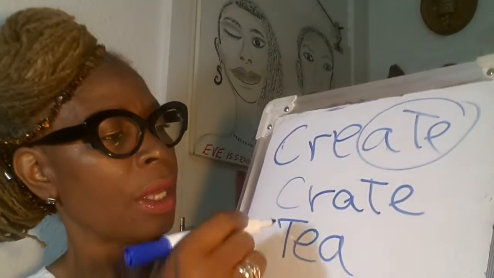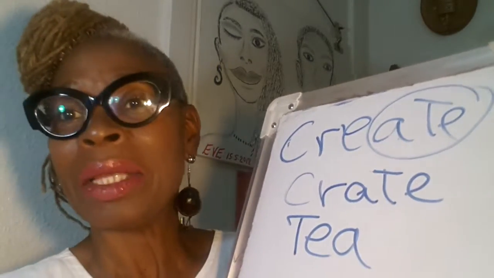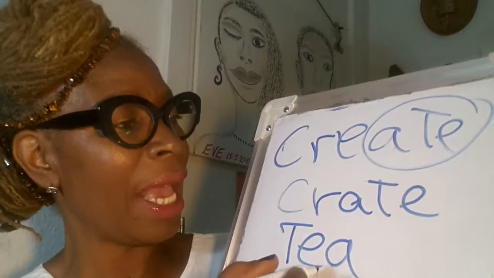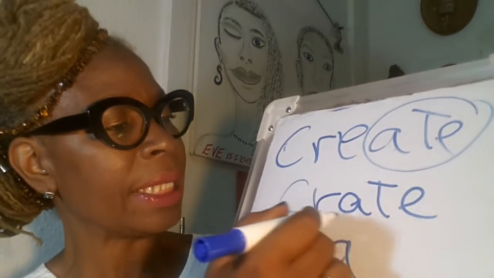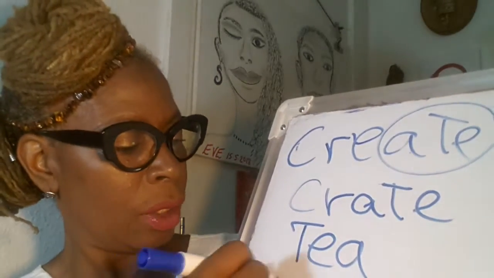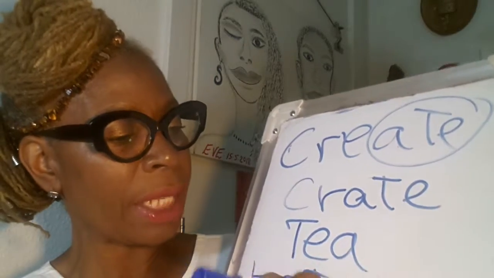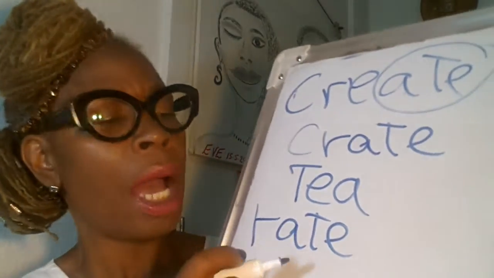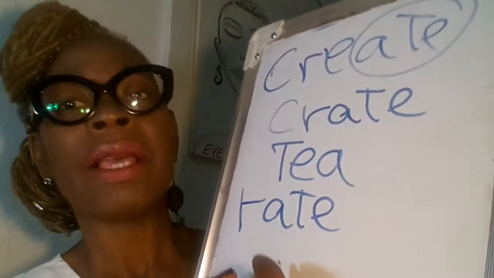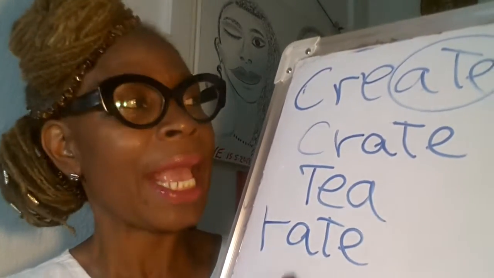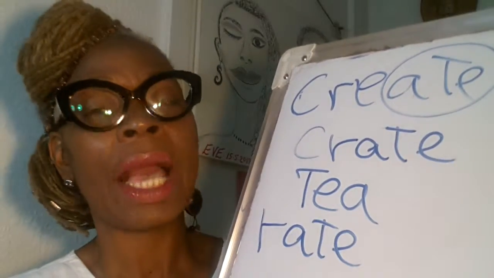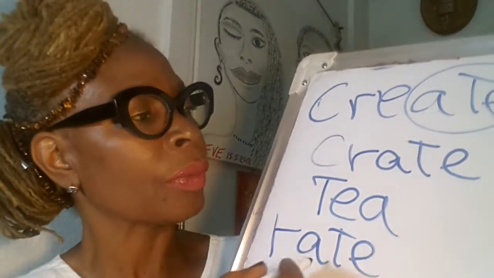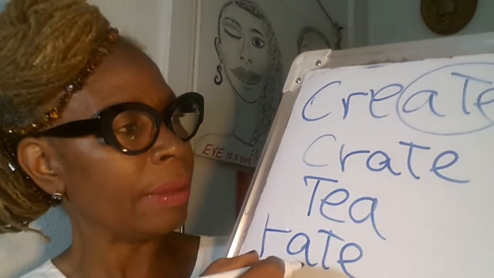Create, so teas, no wonder we're very hot on teas, but the British are known for teas. Okay, so crate, and we have rate. So there would be a business rate, because the rates or inflation or all those things seem very present even in the word create, or as it is today.